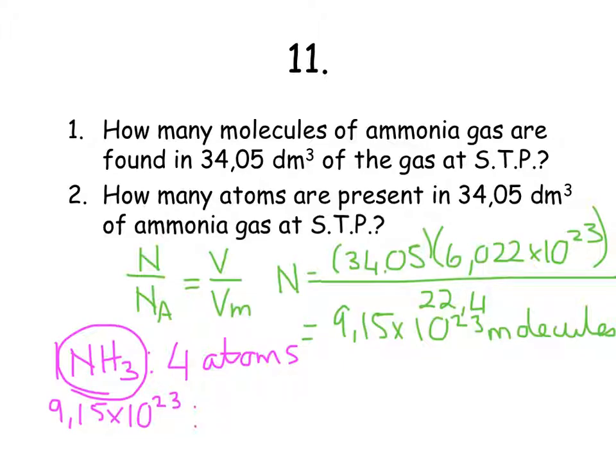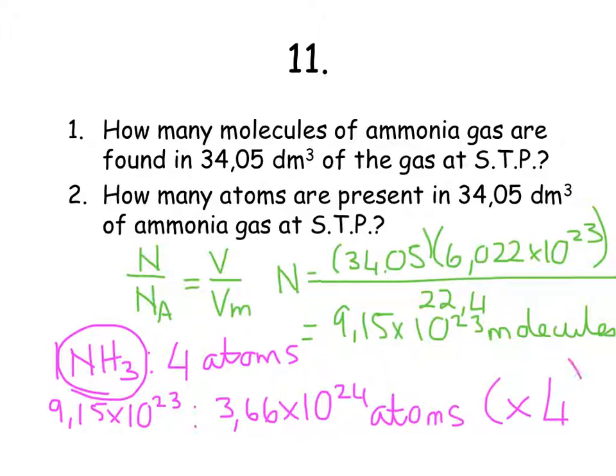So I need to say, what did I do to the number 1 to make it into the number 4? I multiplied it by 4, so I'm going to take 9,15 times 10 to the 23 multiplied by 4, and I land up with 3,66 times 10 to the 24 atoms. How did I do that? I multiplied by 4.